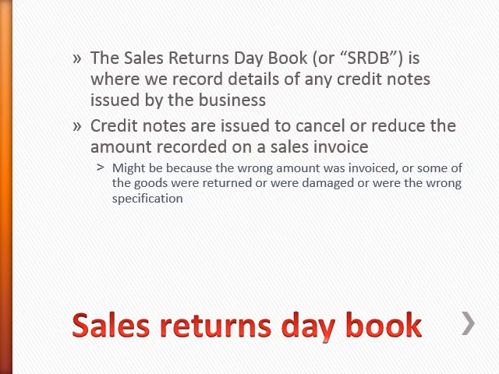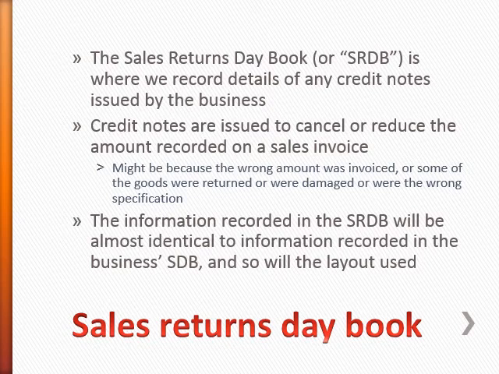So credit notes are issued for a variety of reasons. And we will record the information on the credit notes in our sales returns day book. And it is going to be almost identical to the information that's recorded in the sales day book, and so will the layout.